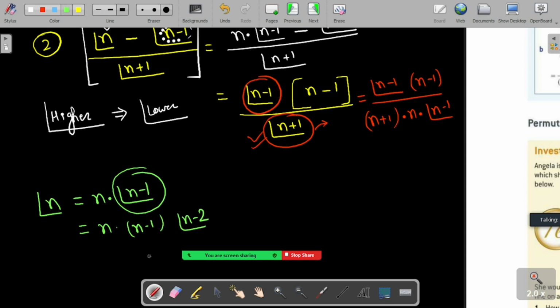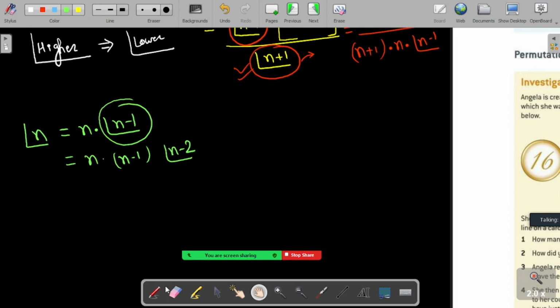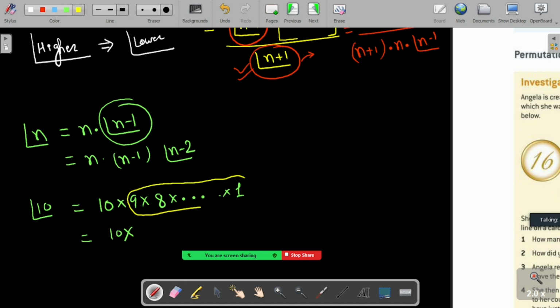So what's the concept here? Take it with an example. Let us suppose I have to write factorial 10. What is factorial 10? 10 into 9 into 8, and so on till 1. You can write it like this also, 10 into factorial 9.